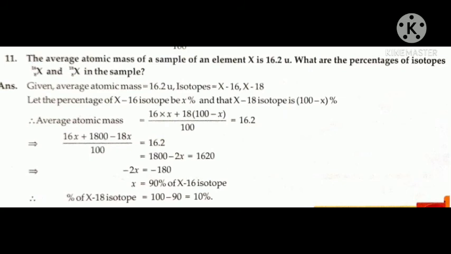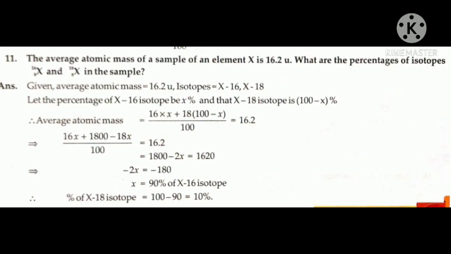Let the percentage of X16 isotope be x percent and that of X18 isotope is 100 minus x percent. Therefore, average atomic mass equal to 16 into x plus 18 into 100 minus x divided by 100, which is equal to 16.2.